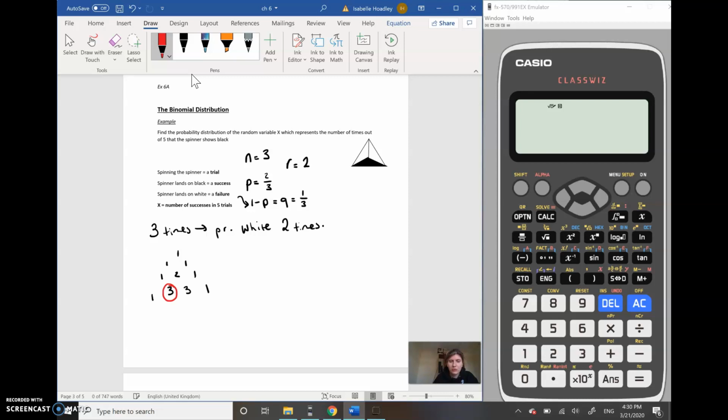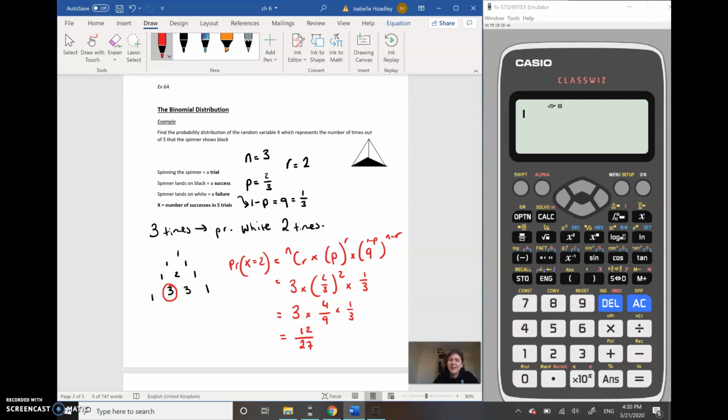Where we've got 2 successes, the probability where x equals 2 is NCR times P to the power of R times Q, or 1 minus P, to the power of N minus R. So that's 3 times 2/3 squared times 1/3, which is 3 times 4/9 times 1/3, so that's 12/27. That's our probability.